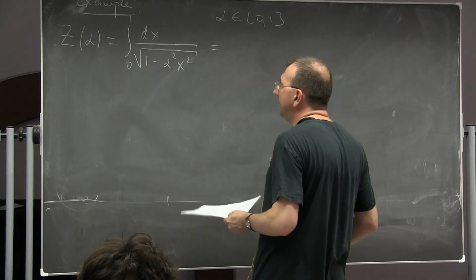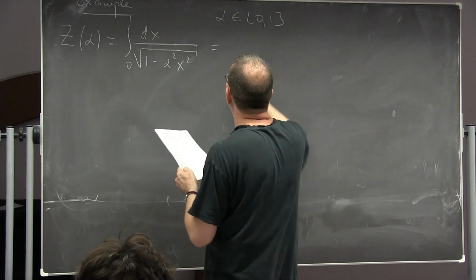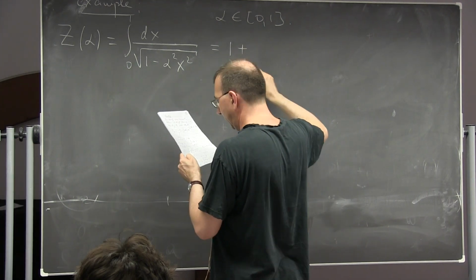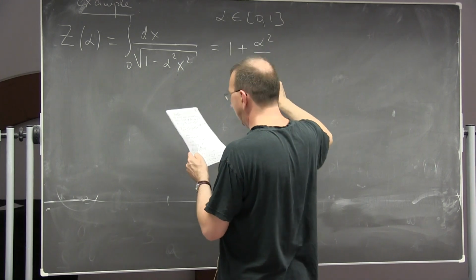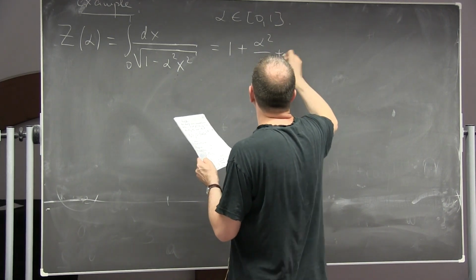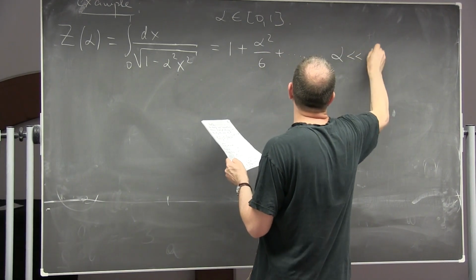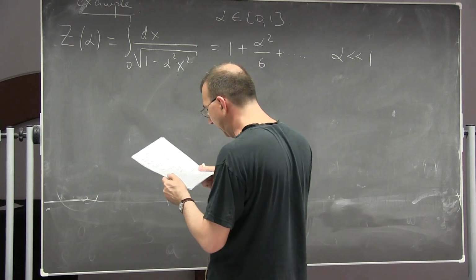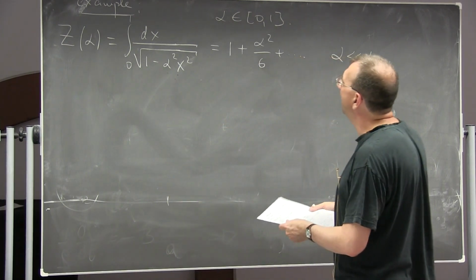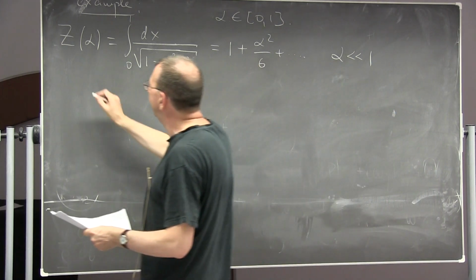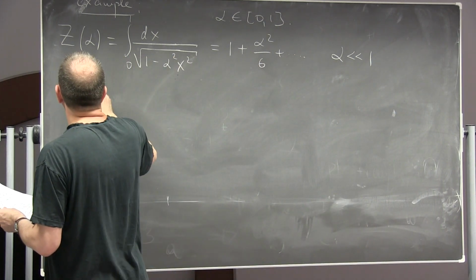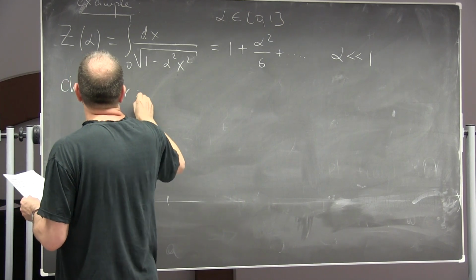Here you can compute it, for example, perturbatively. You can expand this square root, and then you happily write down that this is 1 plus alpha squared over 6, and so on. And this works perfectly well when alpha is sufficiently small. But suppose you want to know the answer when alpha is close to 1. Then you can change variables.